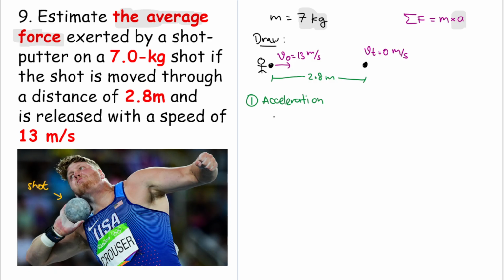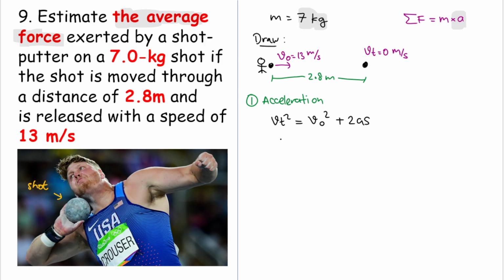From kinematics, we know that vt squared is equal to v0 squared plus 2 multiplied by the acceleration and by the distance s.